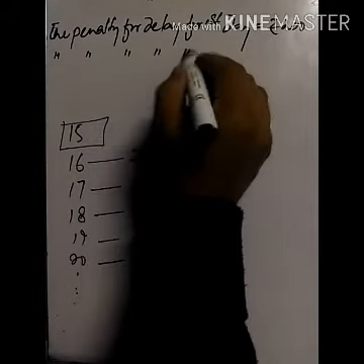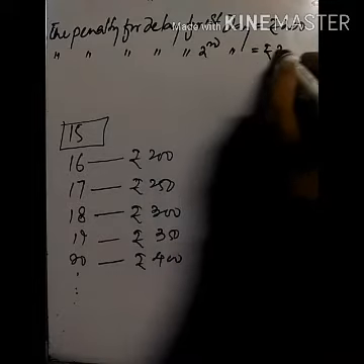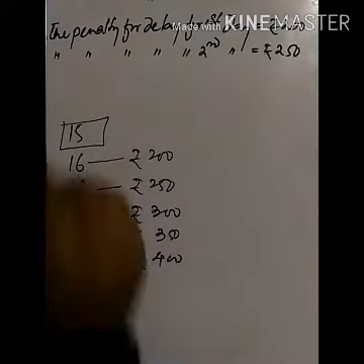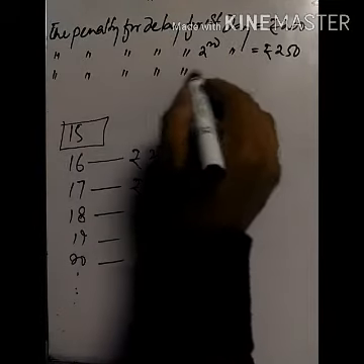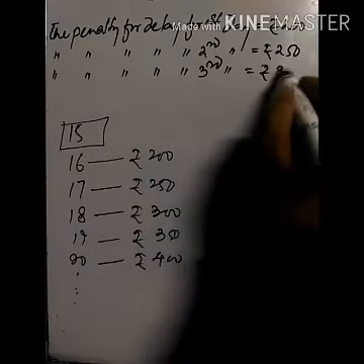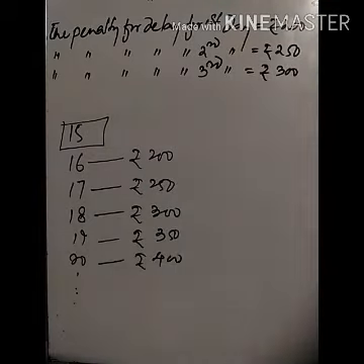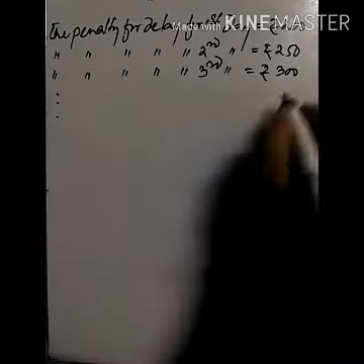The penalty for delay for the second day will be rupees 250. The penalty for delay for the third day is equal to rupees 300. In this manner we can find it for the next days too.